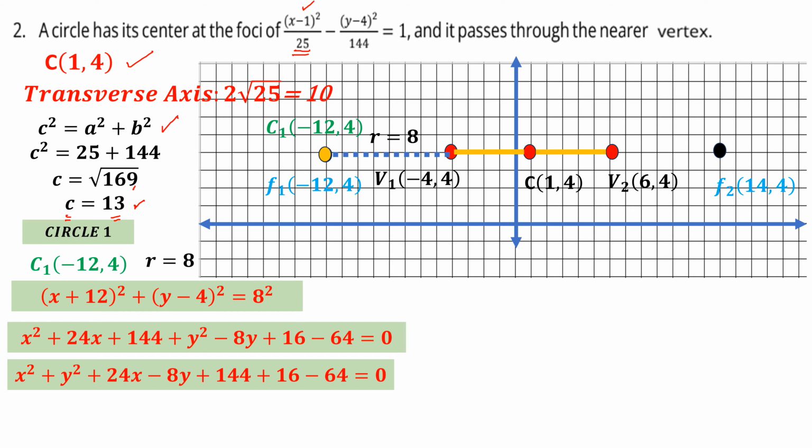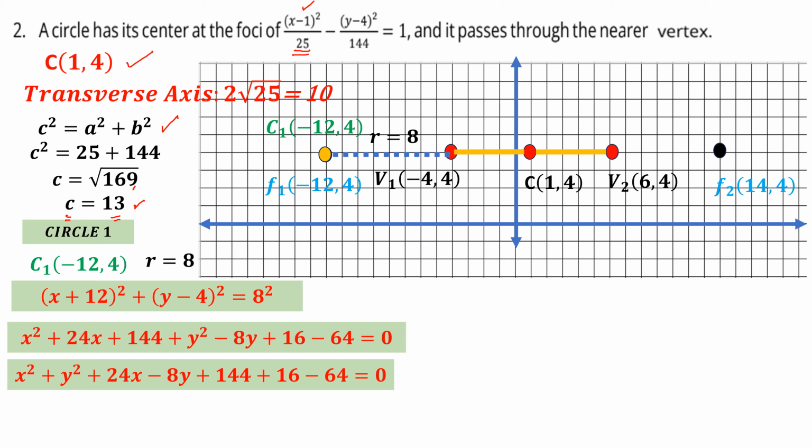Now, according to the problem, the center of our circle is at a focus, and it passes through the nearer vertex. So our circle will be passing through the nearer vertex. So since we have two foci, at the same time, we have two centers, meaning we have two circles.